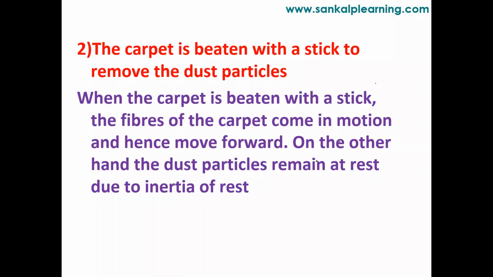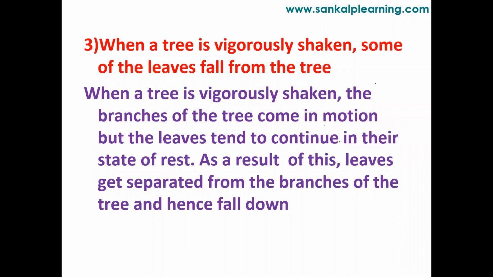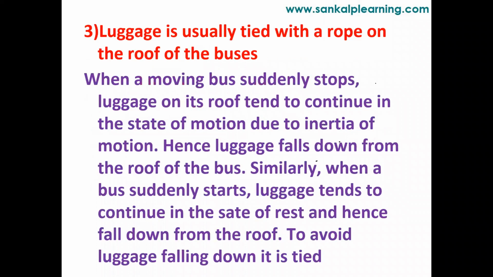The third question is, why is it advised to tie any luggage kept on the roof of a bus with a rope? This also I told you during the class. Why do we tie the luggage when we are traveling? As I told you, if the question is asked for 1 mark, you can explain either inertia of rest or motion. If it is for 2 marks, you need to explain both concepts, that is inertia of rest as well as inertia of motion.